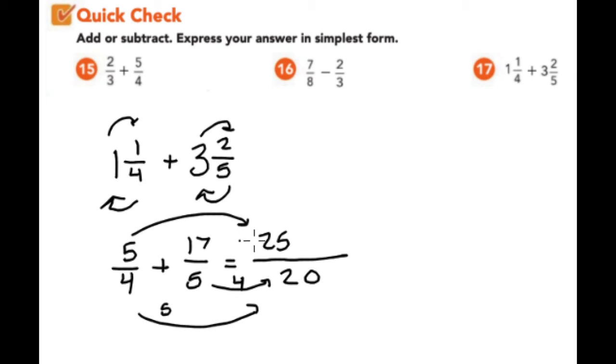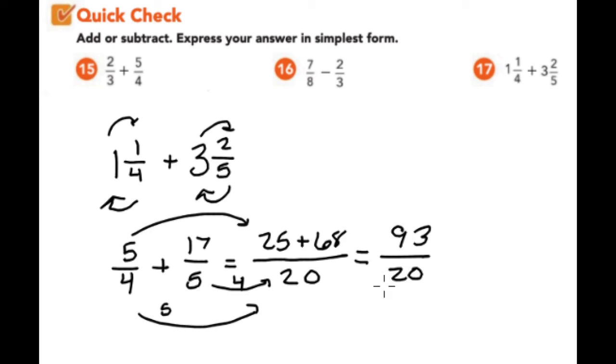When you add 40 and 28, that gives us 68. Now we could add the tops. 25 plus 68 gives us 93/20.